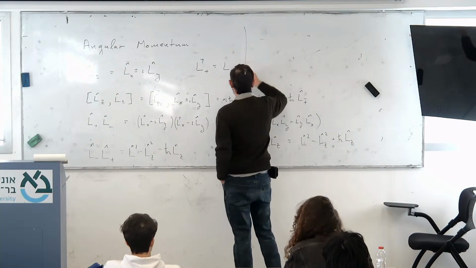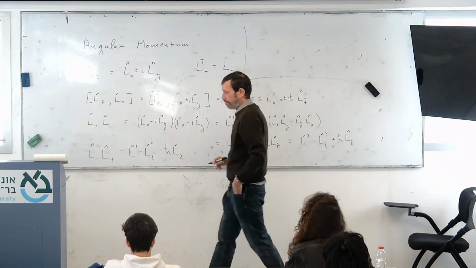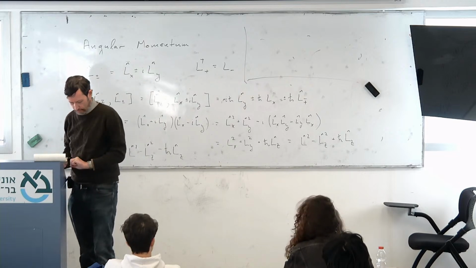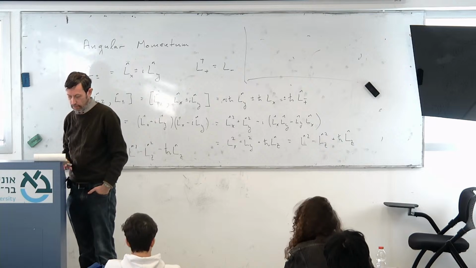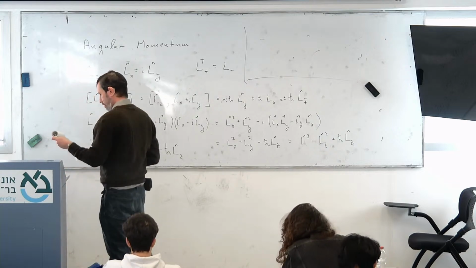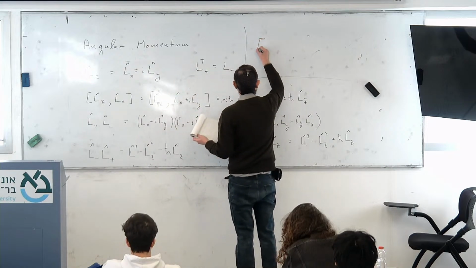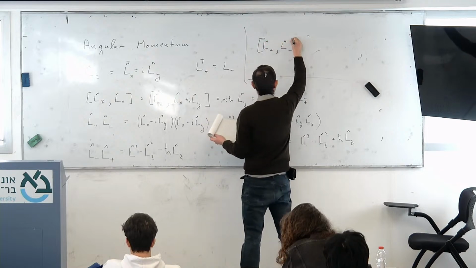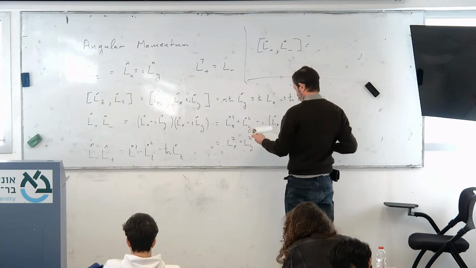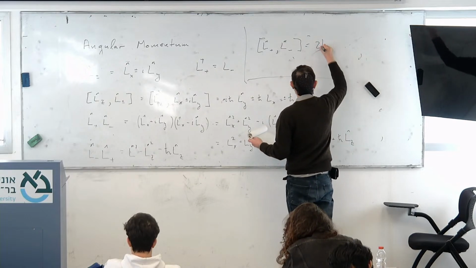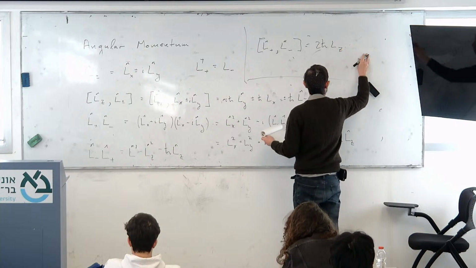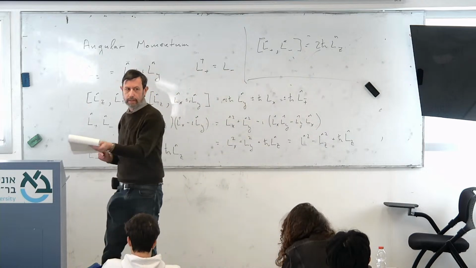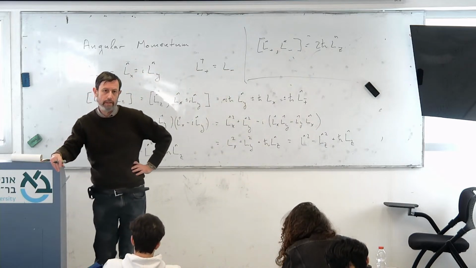And the last thing I want to do about those L pluses and L minuses before getting to the solution: the commutation between L plus and L minus is 2 h bar Lz.